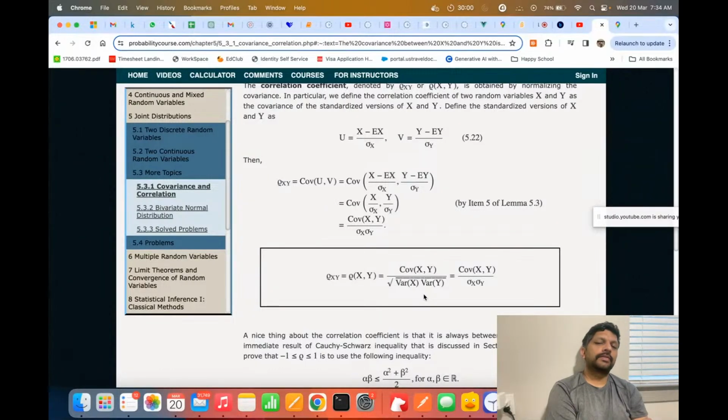So alpha square plus beta square by alpha beta, or alpha beta by alpha square beta square, is less than or equal to 1 by 2. That means, but buddy, there is a square root on top of it.